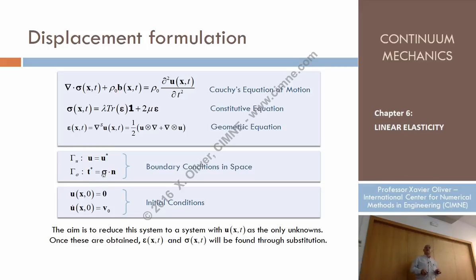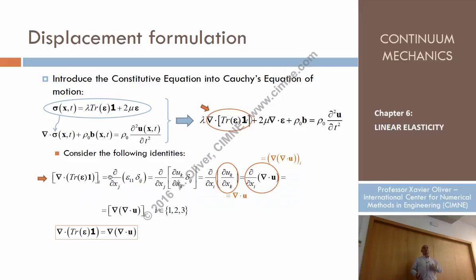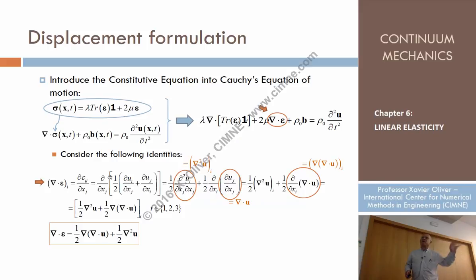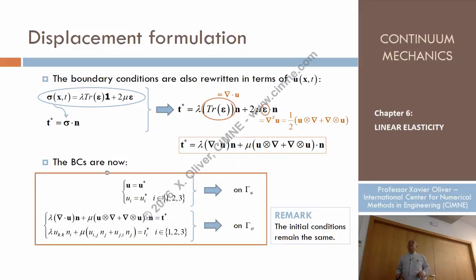So we have just to express this boundary condition again in terms of the displacement. So we have to replace the stress here, so we have the boundary condition in terms of the strains, and then the strains here, the gradient of the displacements, and we have this equation in terms of the strain. So this is a formal action, more than this.